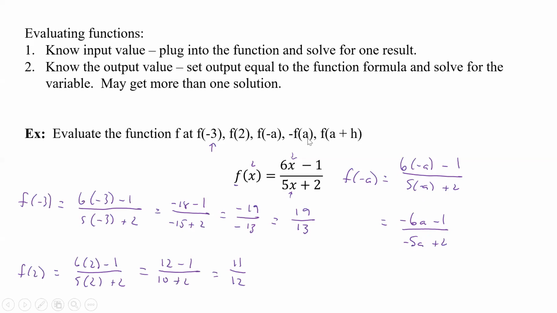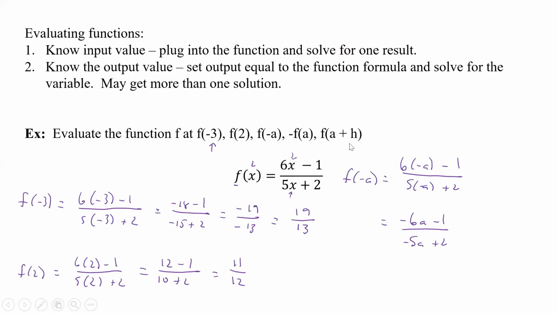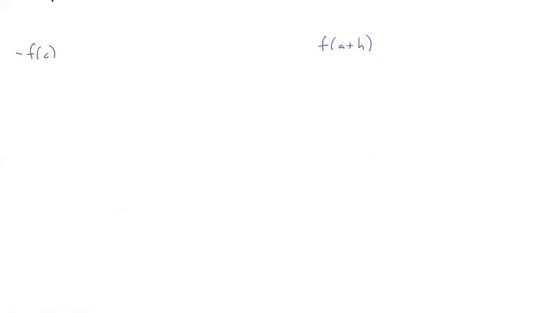So now we just have negative f of a, so we have to do negative f of a, and the other one I think was f of a plus h, if I'm correct. Yep. And so 6x minus 1, write this over here, all over 5x plus 2, I believe. Yes. All right. So what we're going to do here is we're going to plug in a, and we're going to have the sign negative.